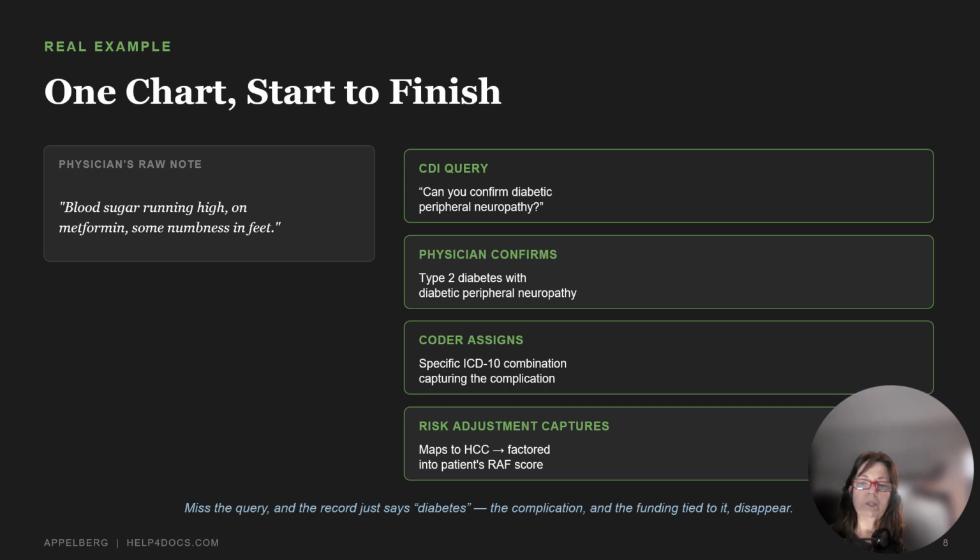They have some numbness in their feet, and that's what's in the raw documentation. So a CDI reviews this and sees some red flags. High blood sugar plus foot numbness strongly suggests a specific, more complete diagnosis. So CDI queries the physician. Can you clarify, does the patient have diabetic peripheral neuropathy?